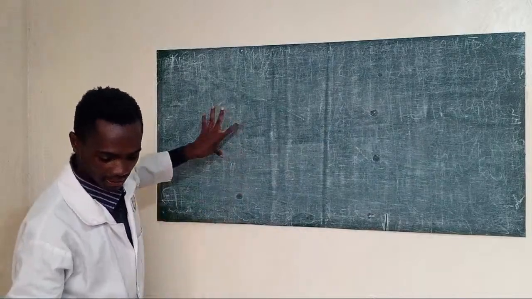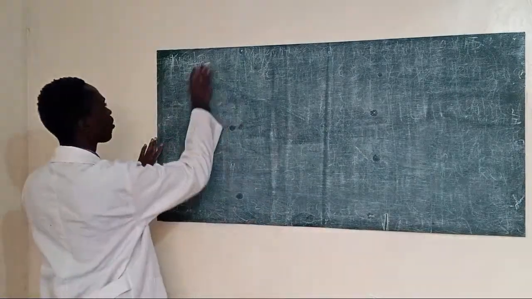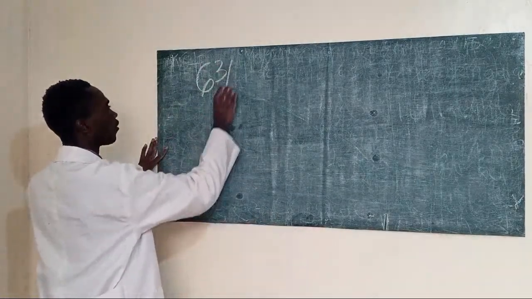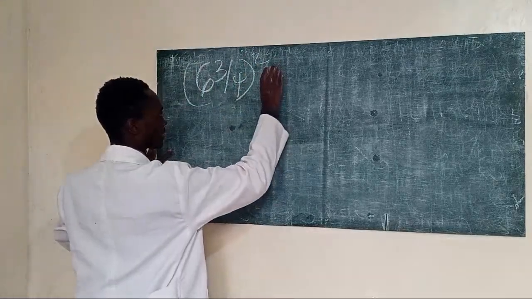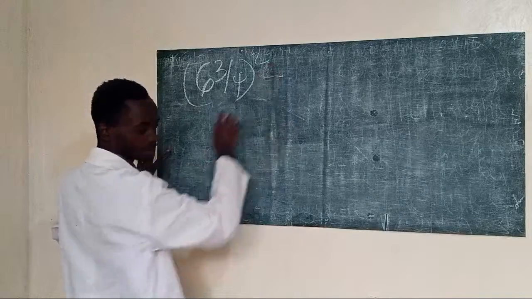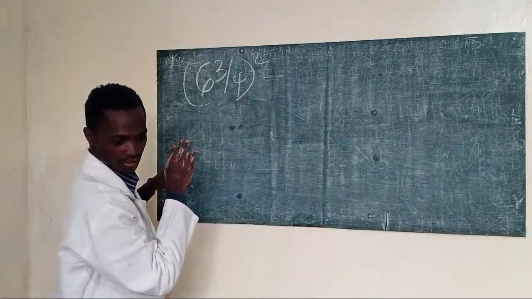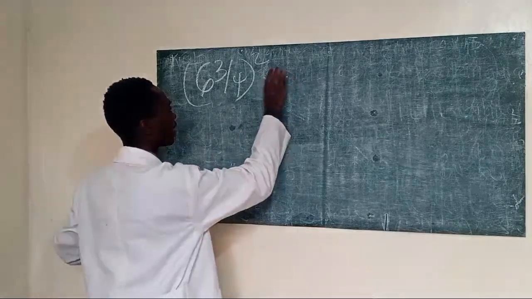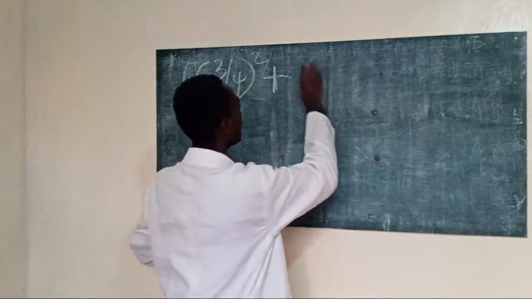That side A is 6 whole 3 over 4, squared, plus length, which we do not know.